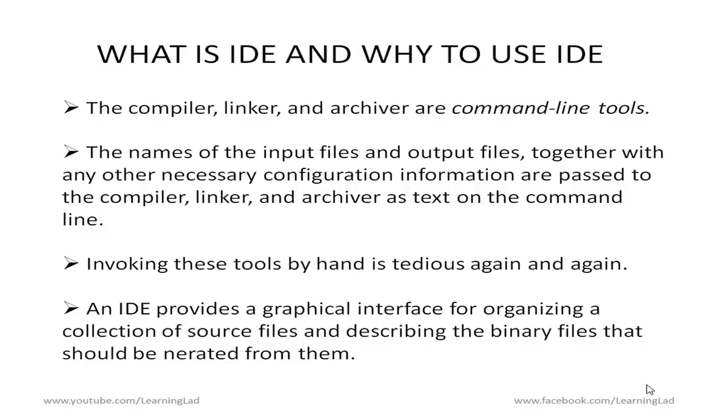An IDE provides a graphical interface for organizing a collection of source files and describing the binary files that should be generated from them. We just need to click some buttons in the IDE, the graphical user interface, and then the specific compilers, linkers, archivers, and all those things are called automatically, and we'll get the application.